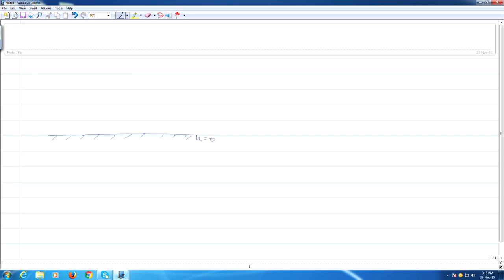And so let's just consider a fluid element like that, right? If I consider a fluid element like that, now this fluid element is going to deform a little bit, right? How is it going to deform?